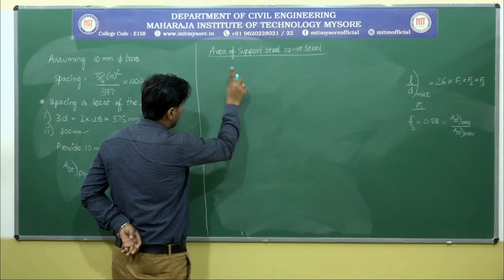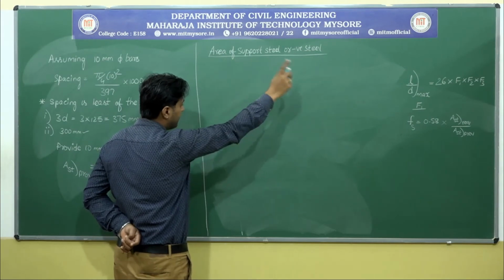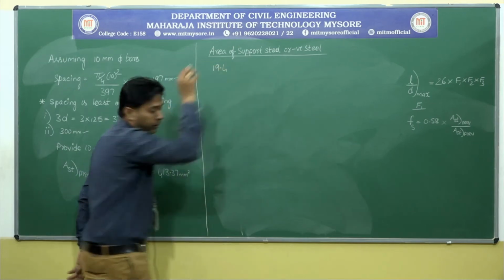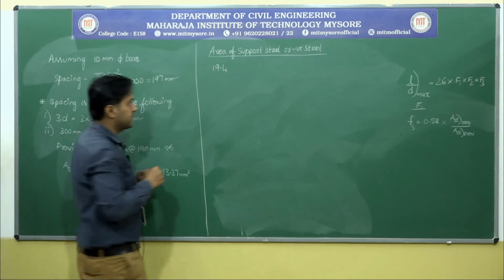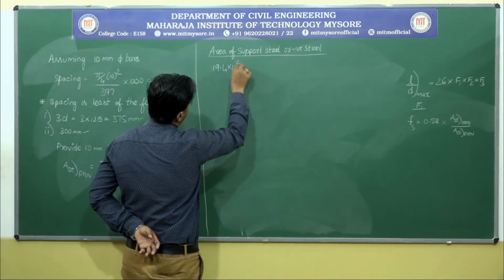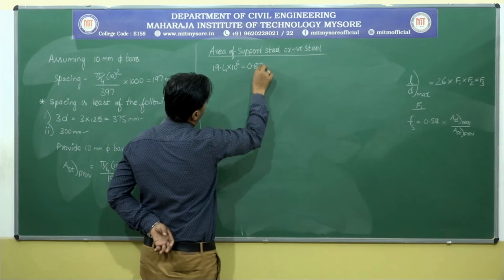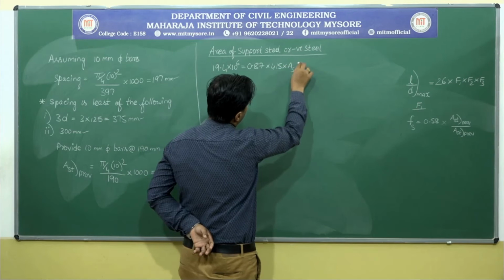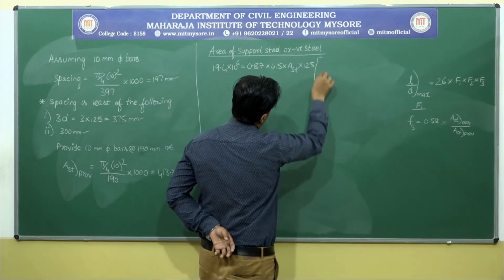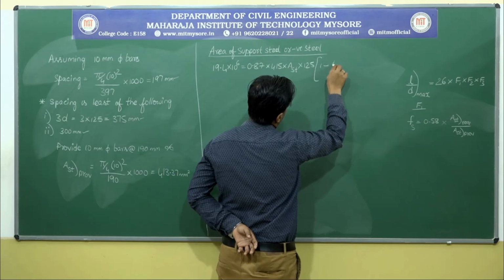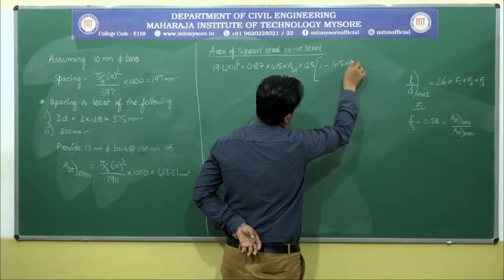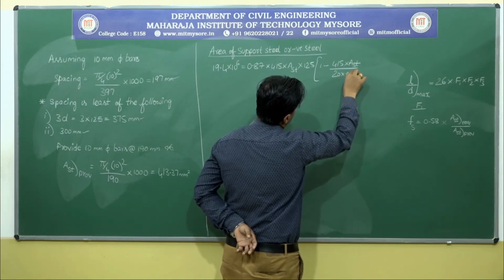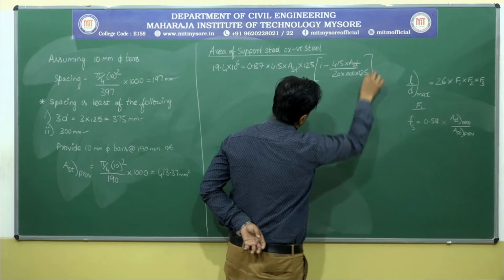So I am using Mu is equal to 0.87 Fy Ast d into 1 minus Fy Ast divided by fck b d. So it is 19.4 into 10 power 6, to convert that into Newton mm, is equal to 0.87 Fy Ast d into 1 minus Fy Ast divided by fck b d.